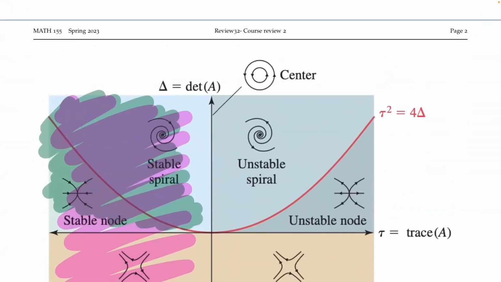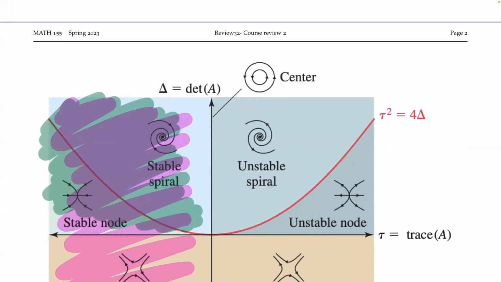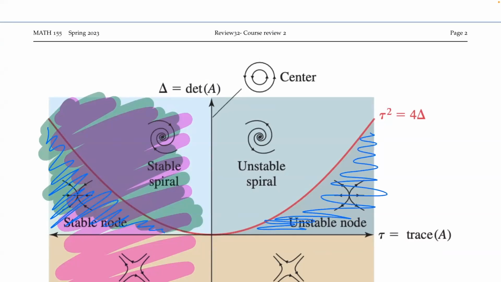A common mistake that people make is they think if tau squared minus 4 delta is greater than 0, then you must be above the line. That's wrong. It's the other way around. Tau squared minus 4 delta being greater than 0 means that you are in this region here, or if you had a positive trace, you would be in this region here. So you're below the line.